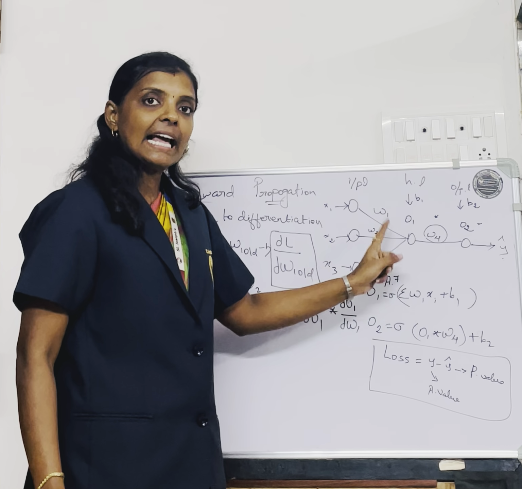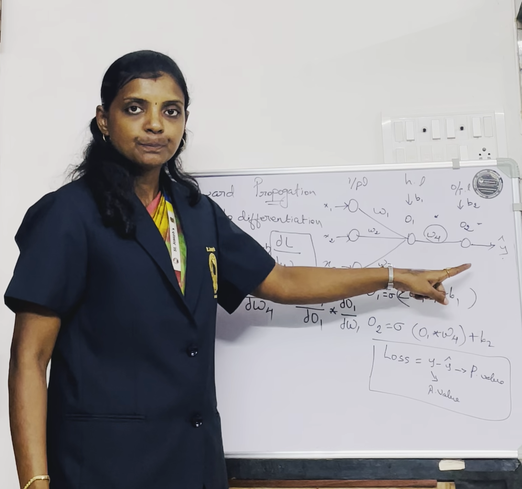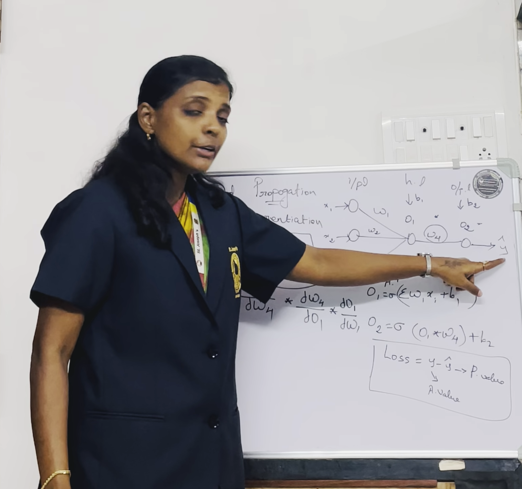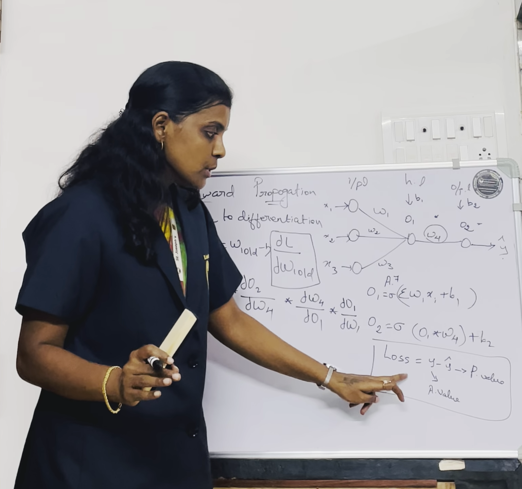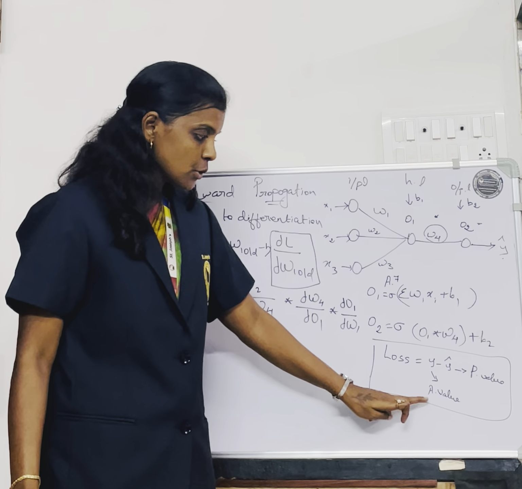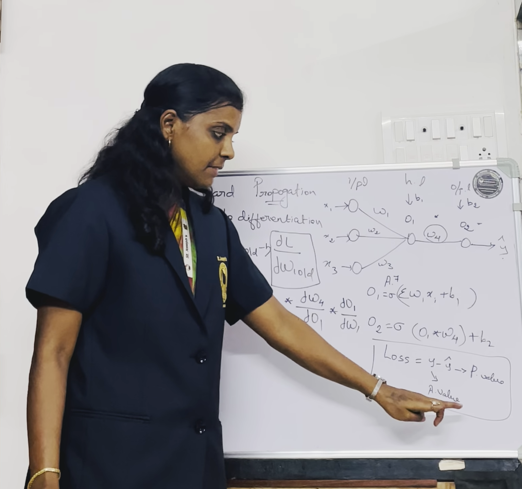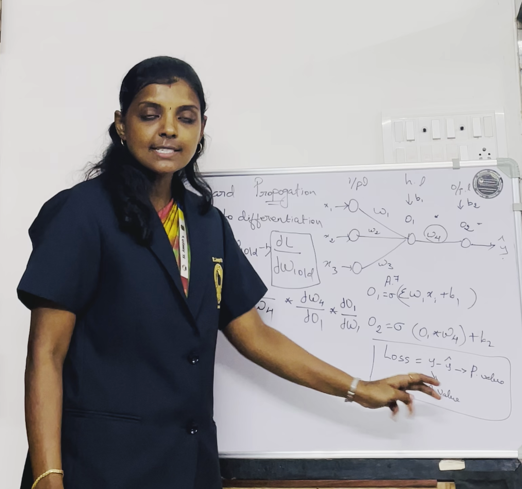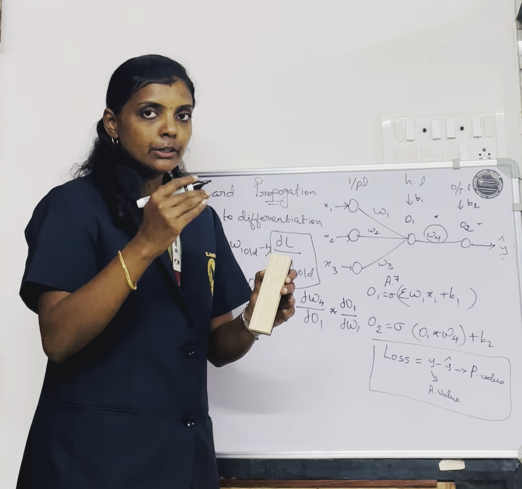Then once you calculate output 1, next you calculate output 2. Then you have one predicted value. Same last formula you can use, y minus y hat. Y is our actual value, y hat is our recent predicted value. You subtract this and you will get the loss. That loss value will be reduced.